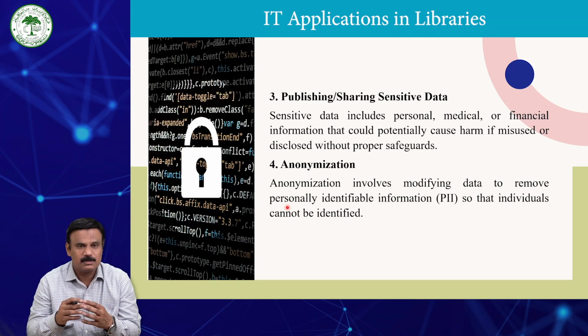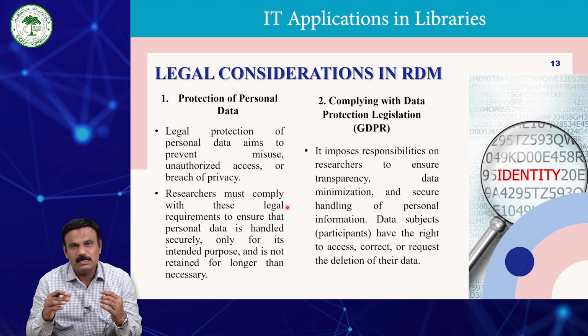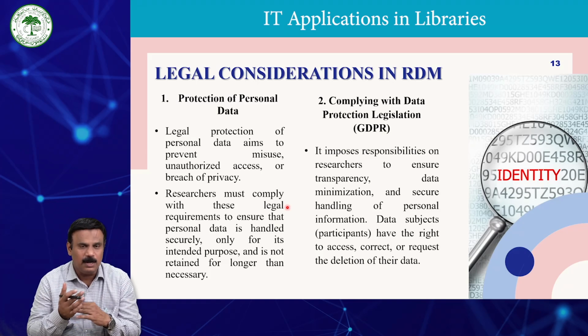And the fourth point is anonymization. Anonymization involves modifying data to remove personally identifiable information so that individuals cannot be identified. And if you consider the legal considerations in the RDM, the first one is protection of personal data.